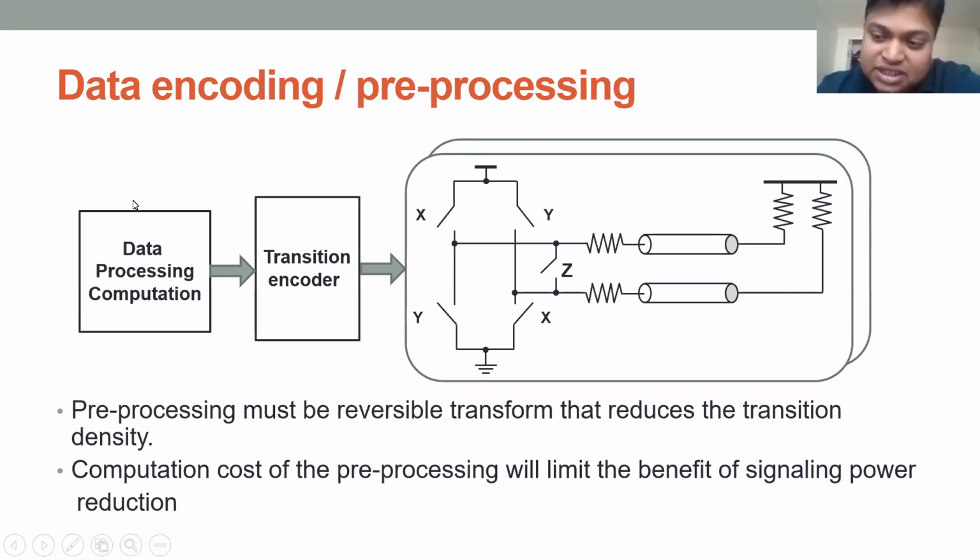So the simplest would be if we could just take some of the computation that naturally happens in machine learning and use that, rather than doing extra processing and reversing it back on the other end. It's best to use some of it that's already there.